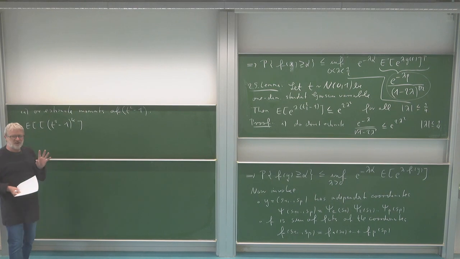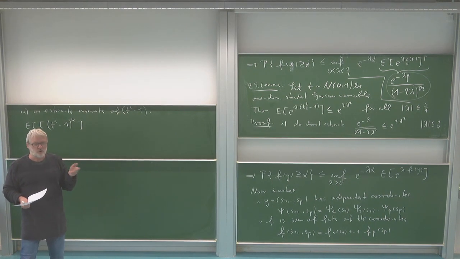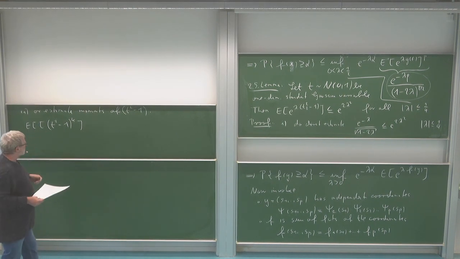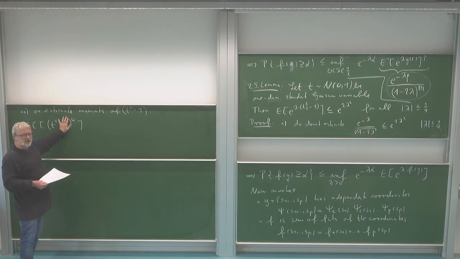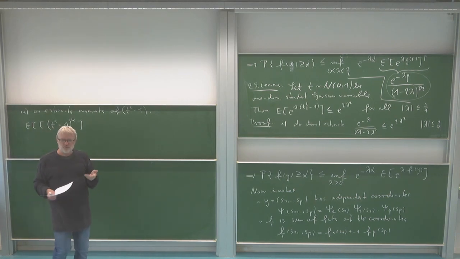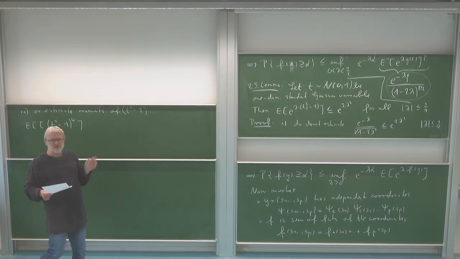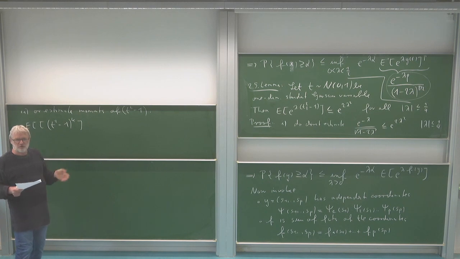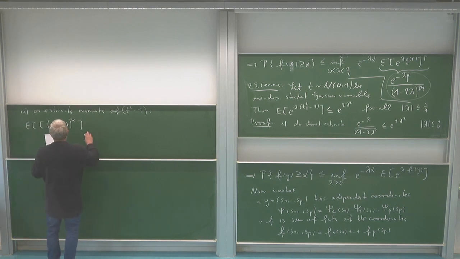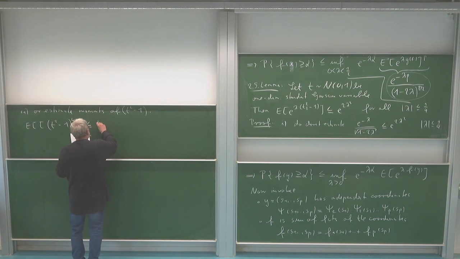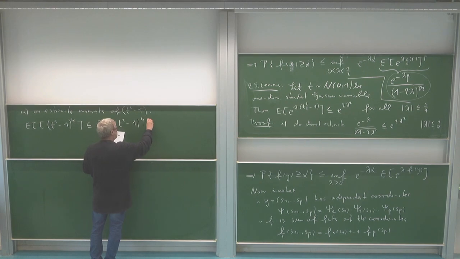In principle, t is a Gauss, so we know the moments of a Gauss distribution. Without the 1, it would just be the 2kth moment of a Gauss, for which we have an explicit formula. This minus 1 makes a shift, which makes it a bit more complicated, but still, in principle, we reduce it to what we know about the Gauss. So let me write it like this. It's less than the exponential, the expectation of t squared minus 1, and let me take now here the absolute value to the power k.